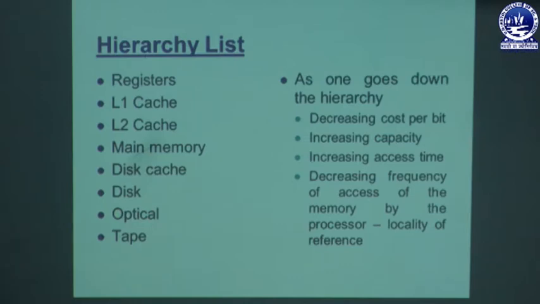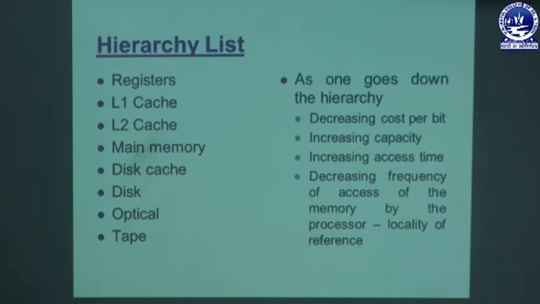But if we want to purchase a computer system with a RAM size of 64 GB, then approximately the price of that system may be above 1 lakh. But the secondary storage in today's system is approximately 500 GB or 1 TB.